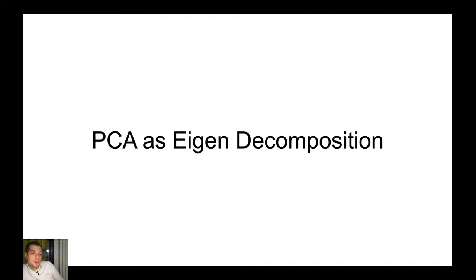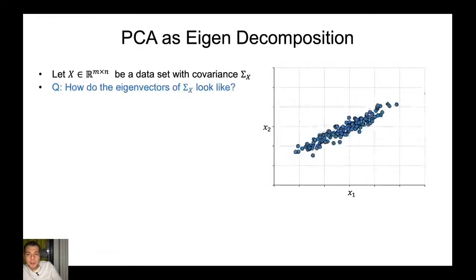So this is one approach, and the same solution can also be obtained using eigen decomposition. Let's also explain this approach to computing PCA, which is more commonly used in practice.